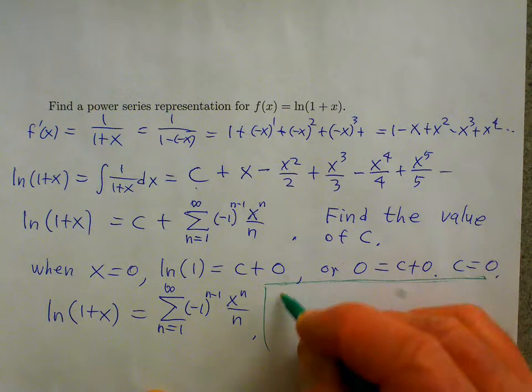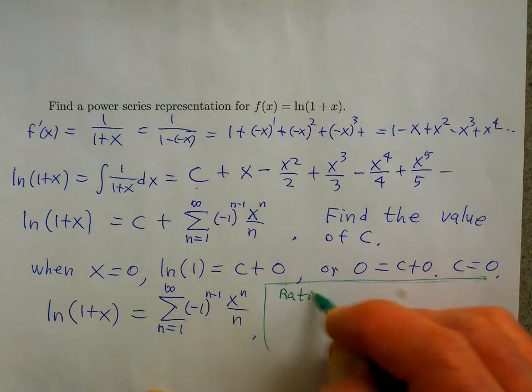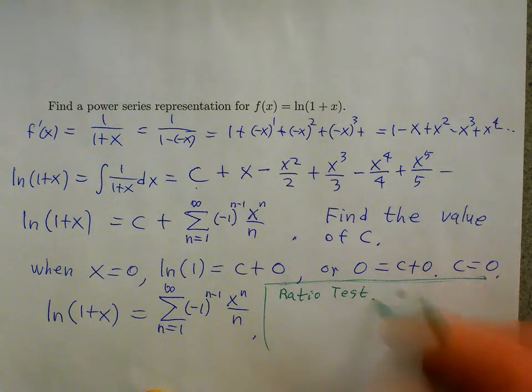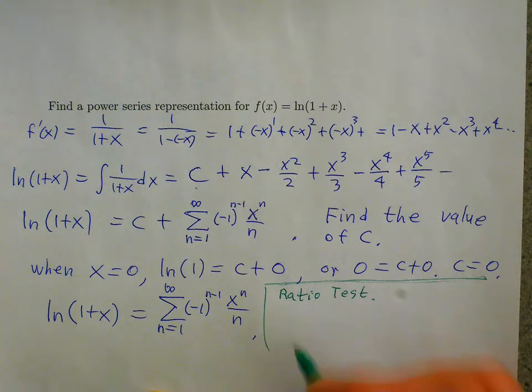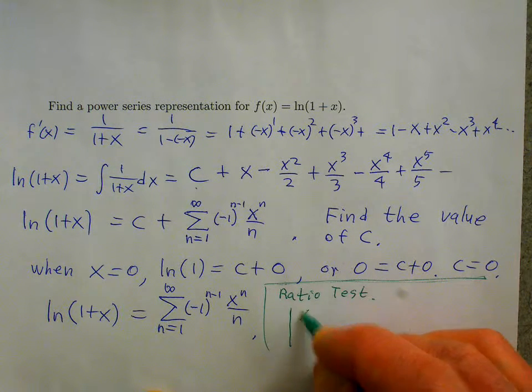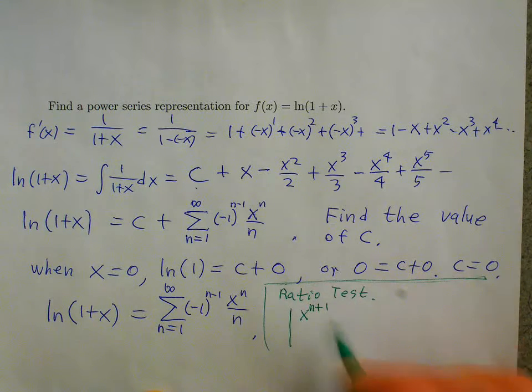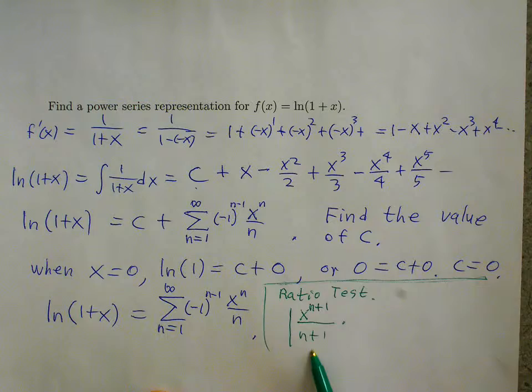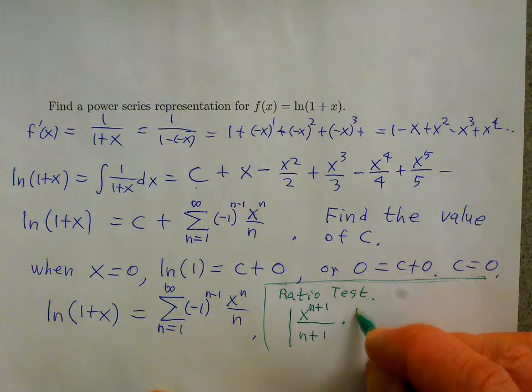So if we recall the ratio test, so x to the n plus 1 over n plus 1 divided by x to the n over n, which is the same as x to the n plus 1 over n plus 1 multiplied by the reciprocal of that, n over x to the n.